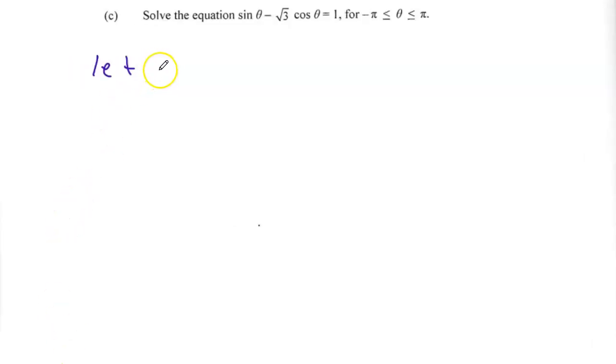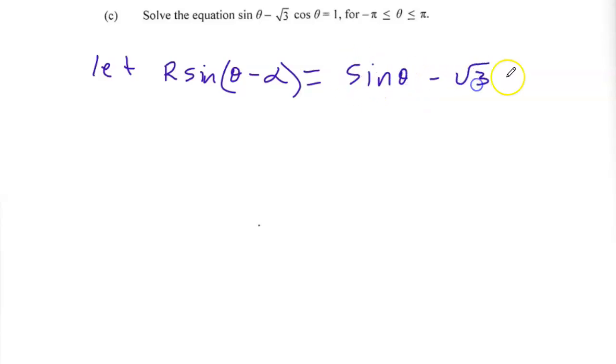Part C, we also solve this equation. Of course we can rewrite it, so we can let R sine theta minus alpha be equal to the left hand side here, sine theta minus root 3 cos theta.